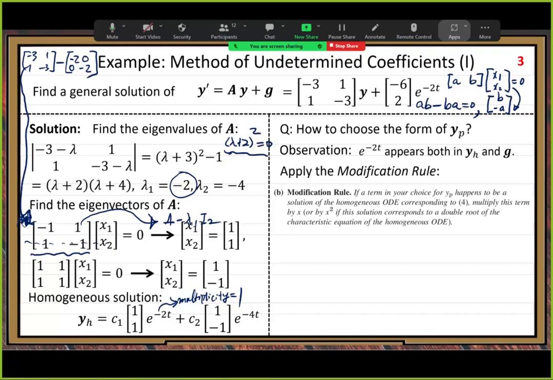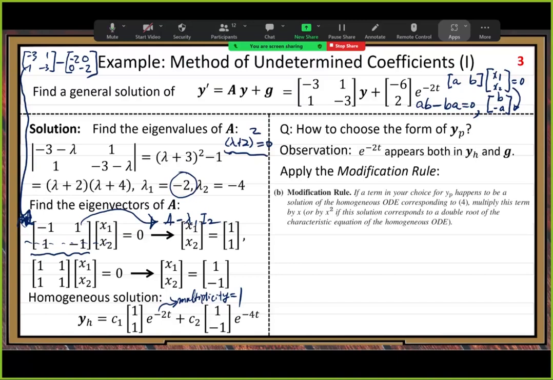Let me read it. If a term in your choice for YP happens to be a solution of the homogeneous ODE corresponding to 4, the original equation, happen to be repeated, then multiply this term by x.